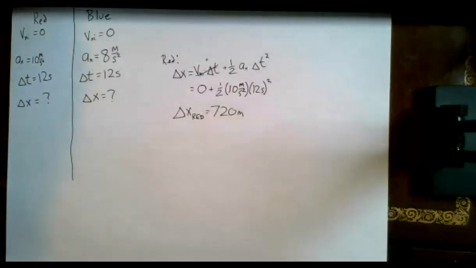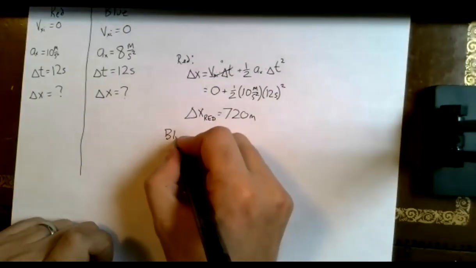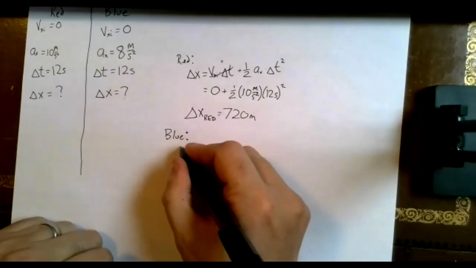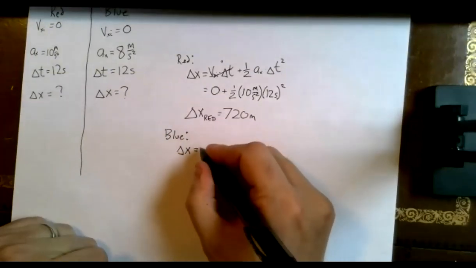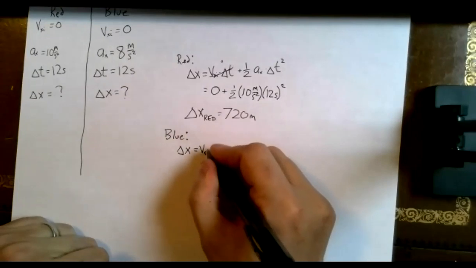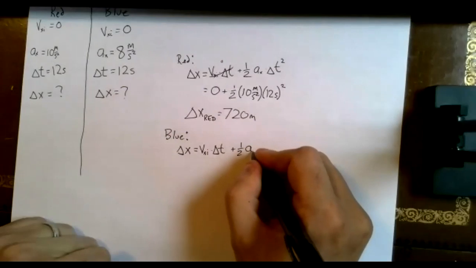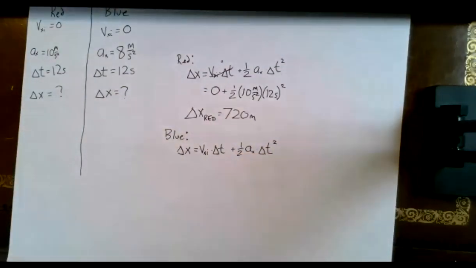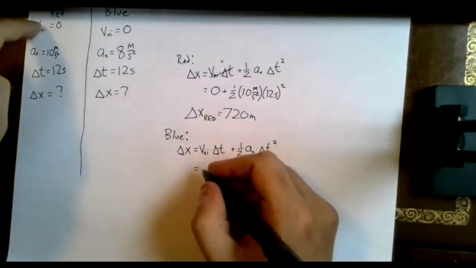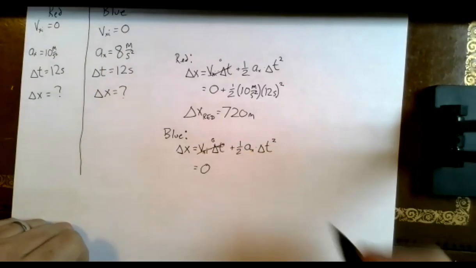Okay, questions about that so far? How we got the red car? So we use the same equation for the blue car, right? Because we have the same list of symbols, rearranged the same way. All right, and we just plug in different numbers. The VXI for the blue car is still 0, so that first piece still goes to 0.